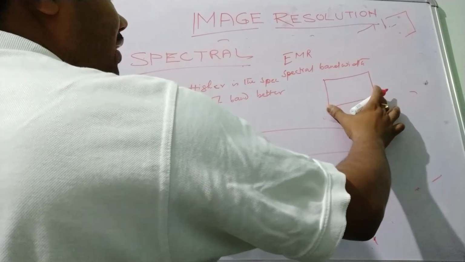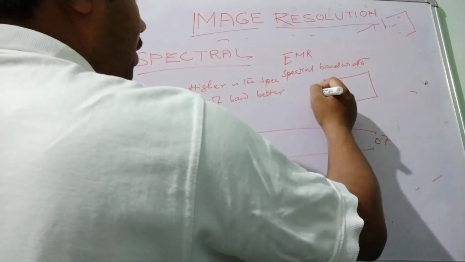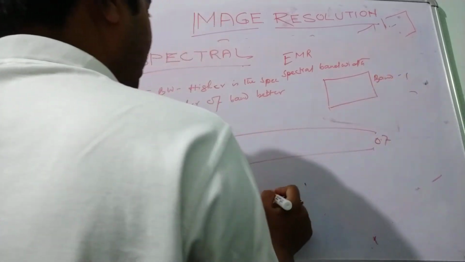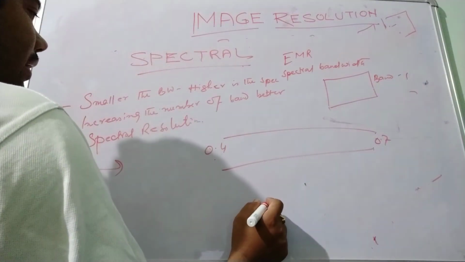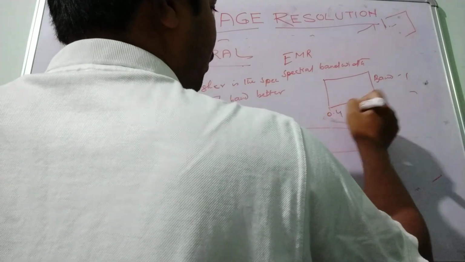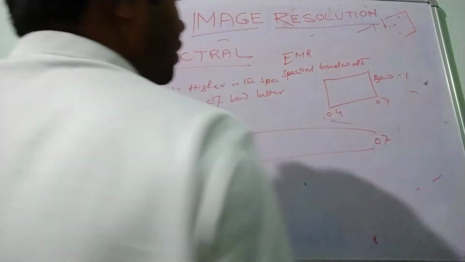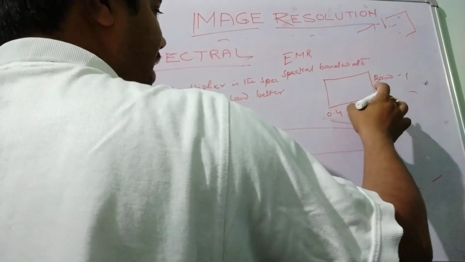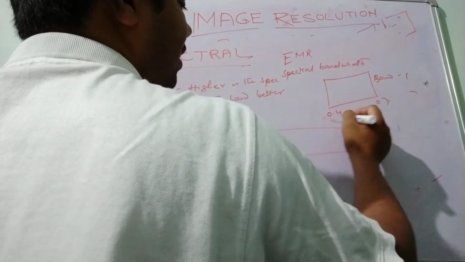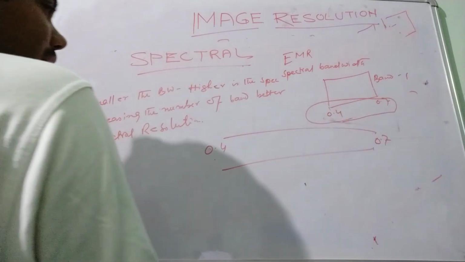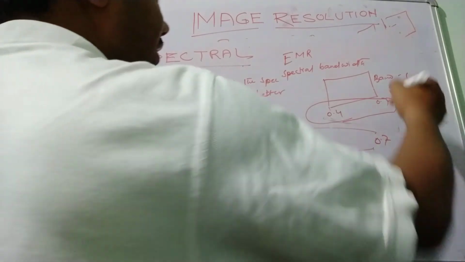So there is one spectral resolution, the number of bands is 1, and the total bandwidth is 0.4 to 0.7. Whatever information is available within this area, it will collect within this single wavelength and a single band.